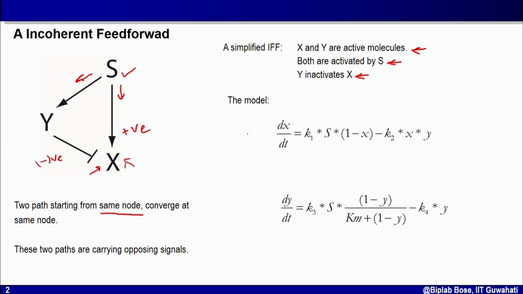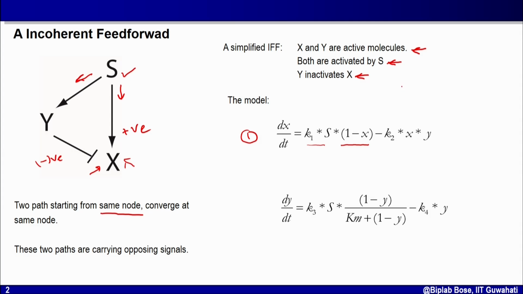The first ODE, dx dt, the rate of change of x with respect to time, is equal to k1 into s, where s is the input signal, into 1 minus x. This 1 minus x is actually the amount of inactive x.